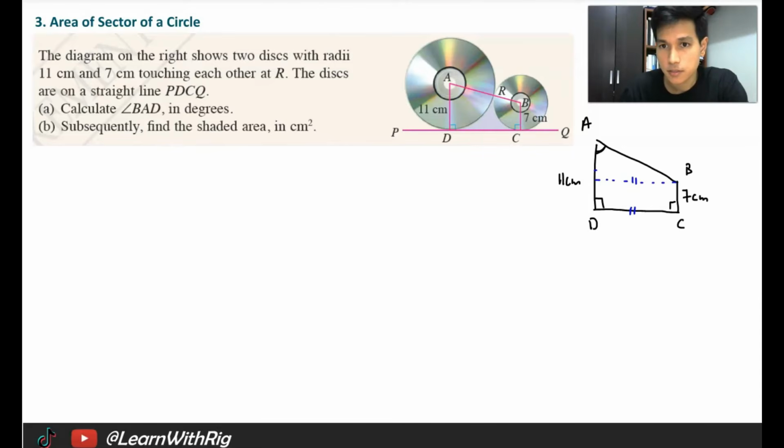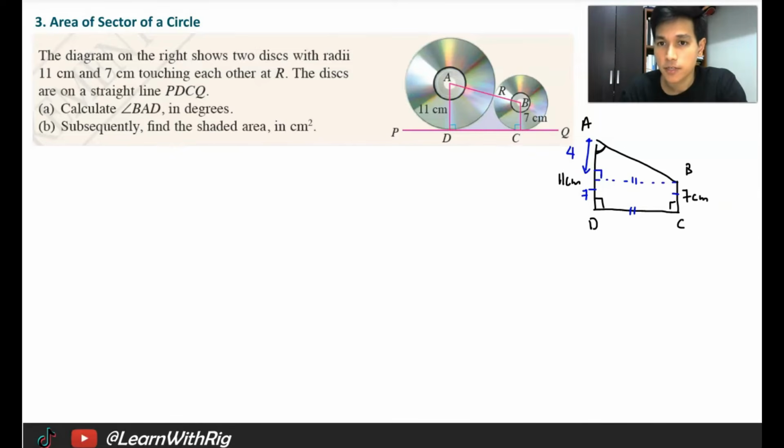So that means here is also 90 degree. So now you have your right angle triangle. You know this is 7 cm because it's going to be the same as this. So what is the length here? 11 minus 7, so here is 4.